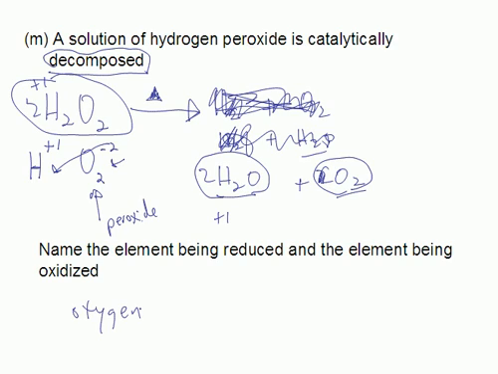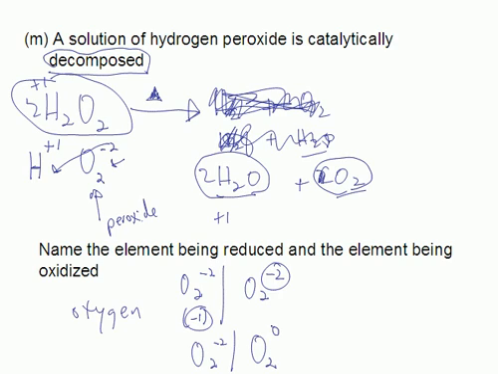Oxygen in O2 2 minus, each O is minus 1, going to O 2 minus in water. Minus 1 to minus 2, it's being reduced. And it's also going from O2 2 minus to O2 at 0. This is reduced, and this is oxidized. Kind of a complicated thing, but by default, the only possible choice is oxygen.